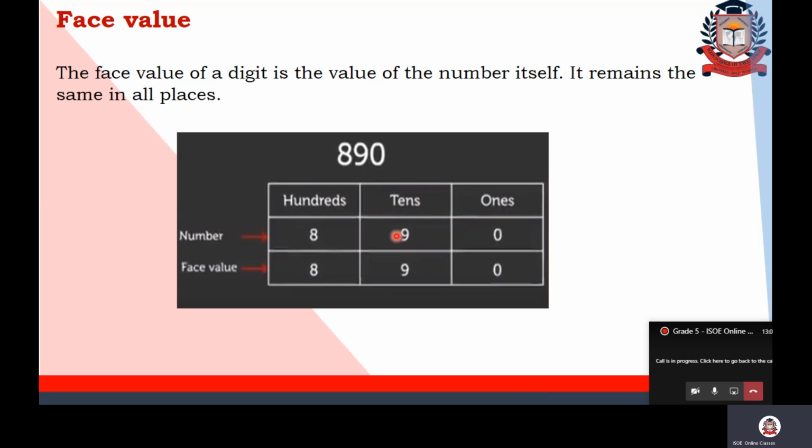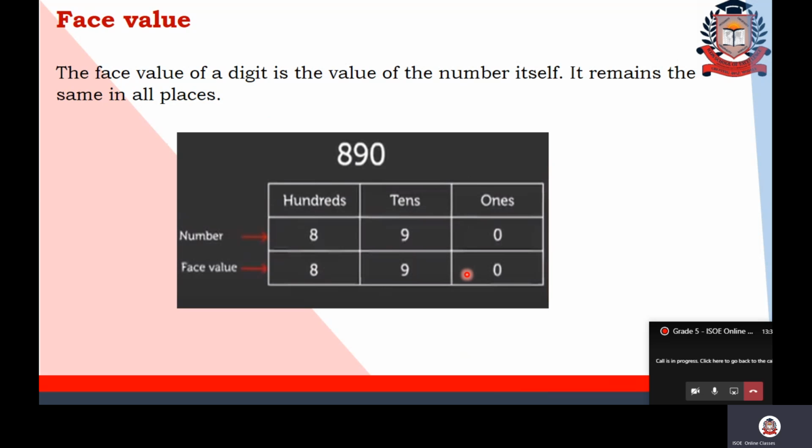You just need to look at the face, in the sense look at the number itself, and the same number is the face value of the digit. So the face value of 0 is 0, face value of 9 is 9, face value of 8 is 8. Irrespective of the place where the digit is occurring, the face value remains the same.